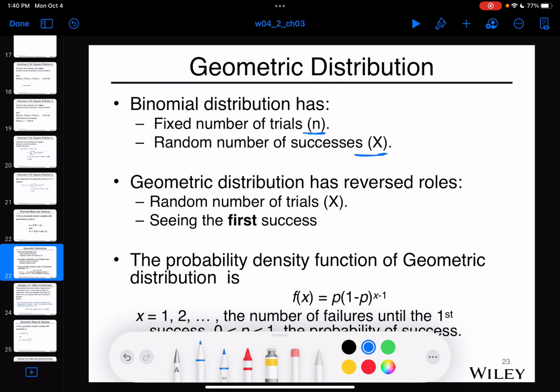The next distribution that we cover in this chapter is called geometric distribution, right? And here, the number of trials that we do is X. We don't know how many trials we are going to do, right? The number of trials is not set anymore. And we basically continue until we succeed.